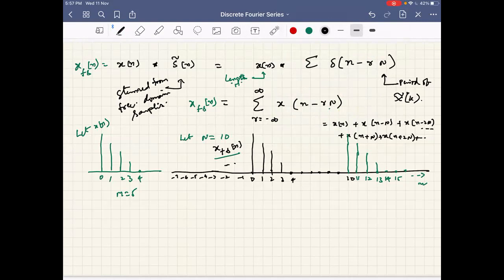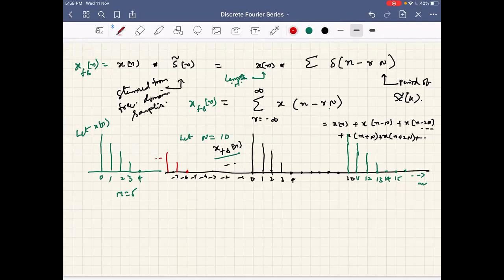Minus 9, minus 8, minus 7 also there will be some. If you would like to put another color, 7, 6. So I will not sketch further, but we'll put dots.